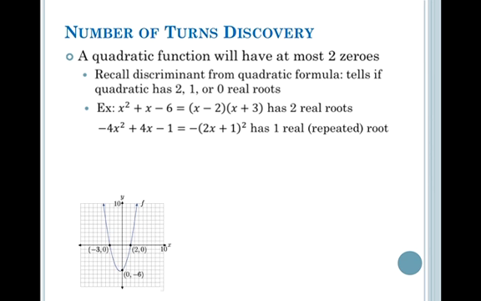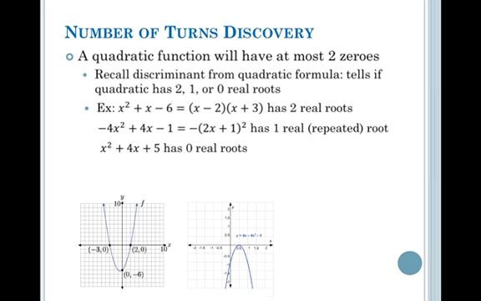Our next example is -4x squared plus 4x minus 1. If we factored this, you would see that you have a repeated root. In other words, here the root would be 1/2, because that's the x value that would make each factor 0. And if you graphed this, you would see that your quadratic only touches the x-axis once, so it only has one root.